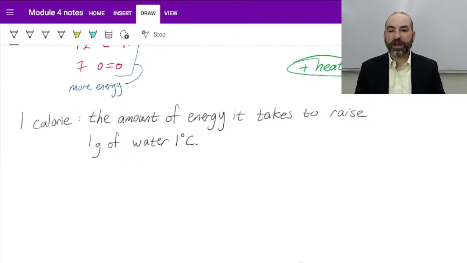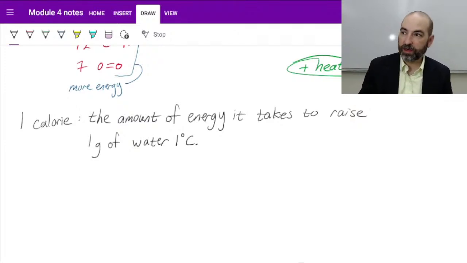So it takes 1 calorie of energy to do that. That's how that unit is defined.